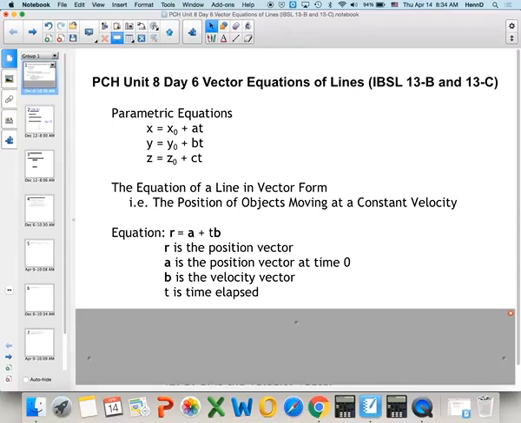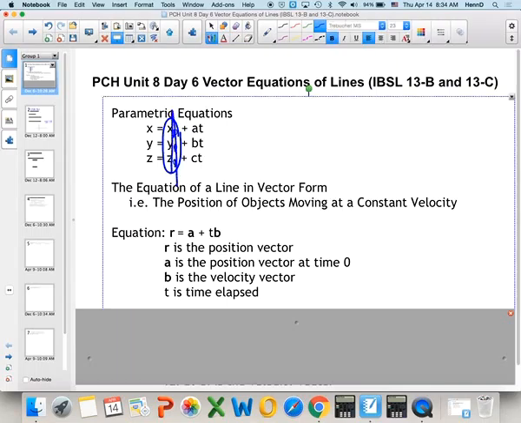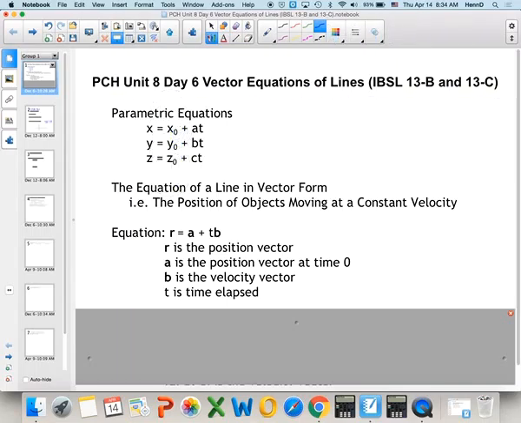So r equals a plus tb. You might remember last lesson they were using x sub 1, y sub 1, z sub 1 in the little formula that they gave, and I said we're going to use x sub 0, y sub 0, z sub 0. This is why, because I don't want there to be any confusion.